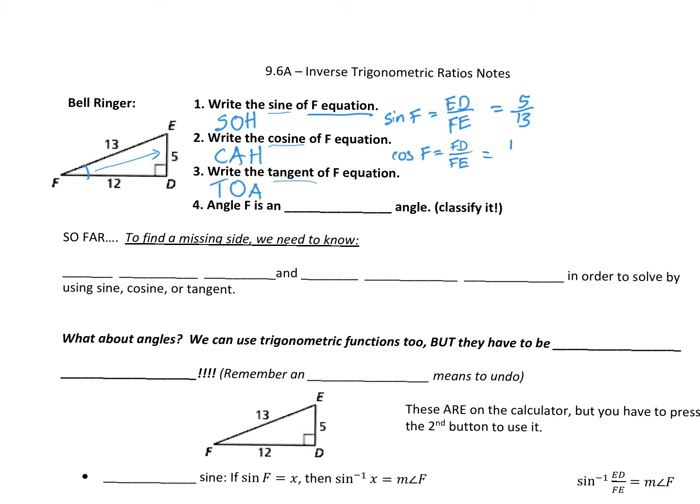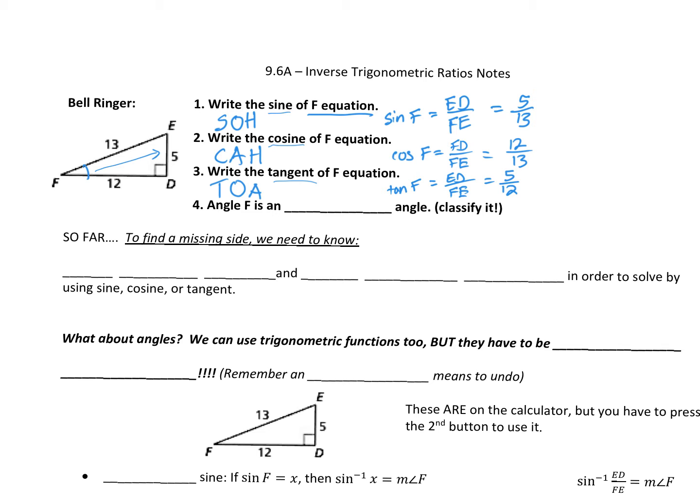FD is 12. FE is 13. TOA, that's our tangent of F. TOA is opposite over adjacent, opposite is ED. Adjacent is FD. That gives us 5/12.